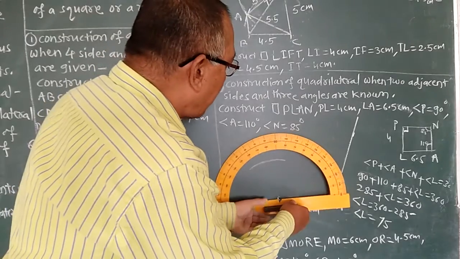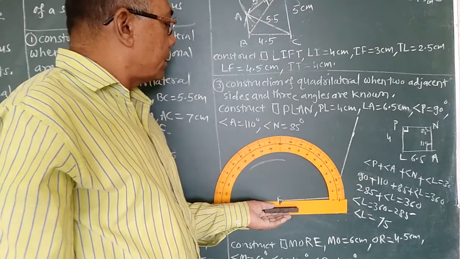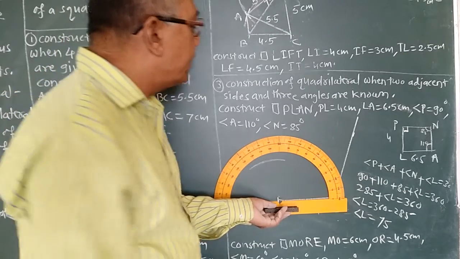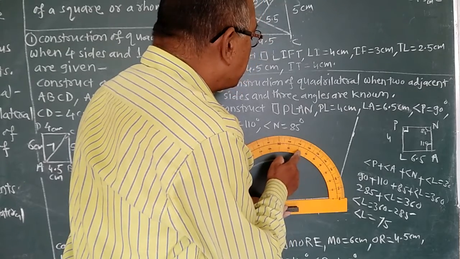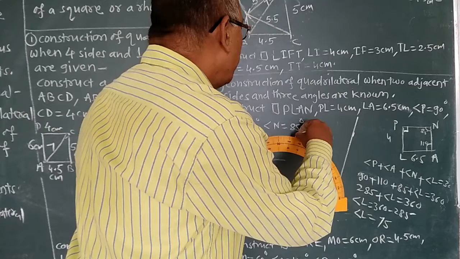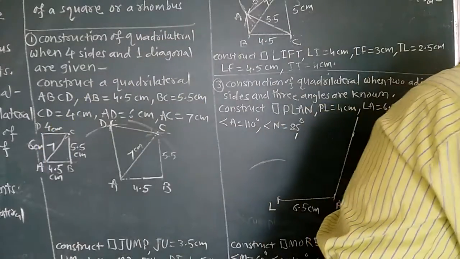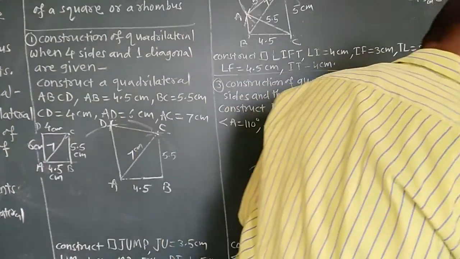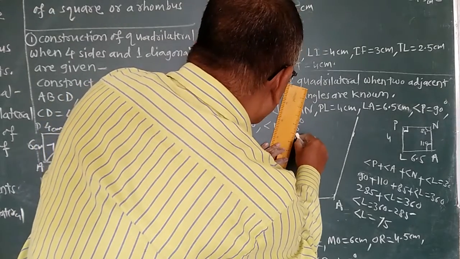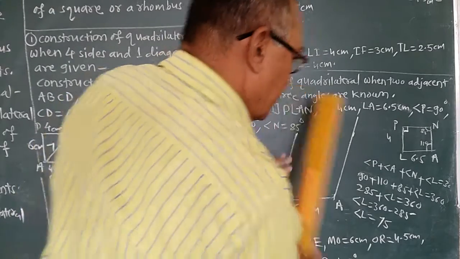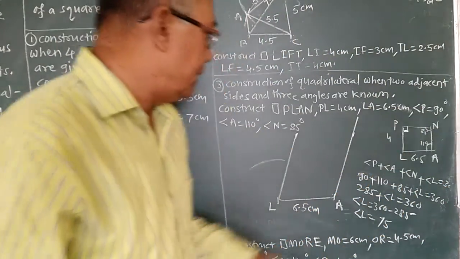So here I have to draw angle of 75 degree. So here I have put protractor on point L, and then 0, 10, 20, 30, 40, 50, 60, 70 and 75. So with this measure, now I will join it, and now we know that the length of LP is 4 centimeter.